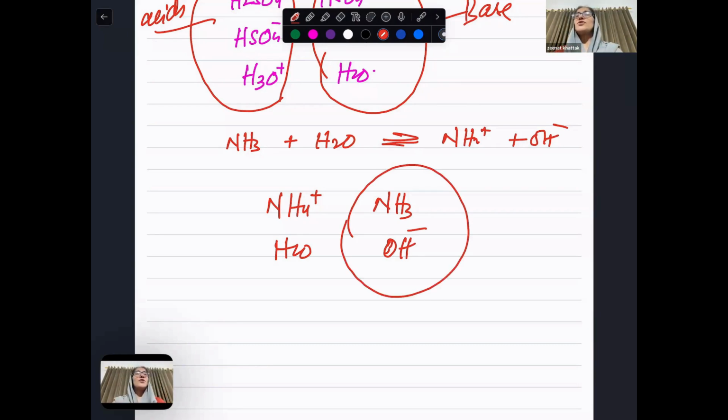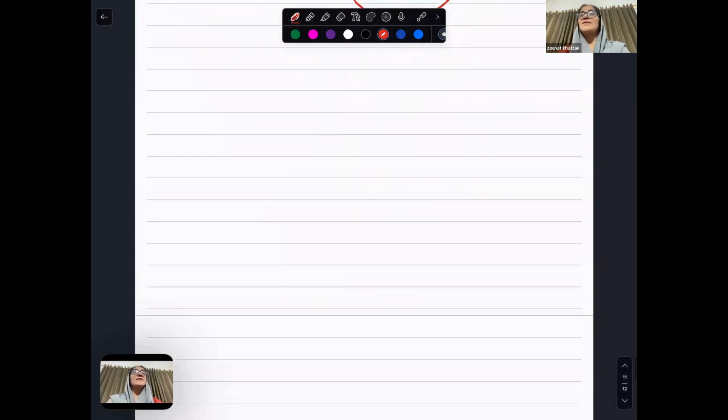Now, after conjugate acid-base, your next topic is pH. You know what pH is? What is the meaning of the word pH? The P means negative log to the base 10.